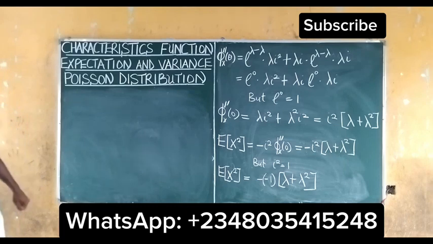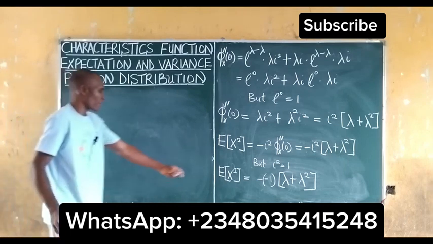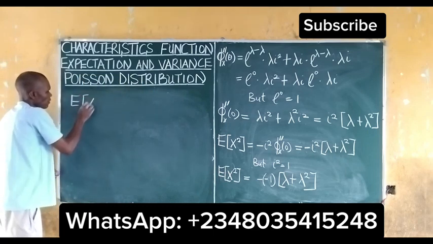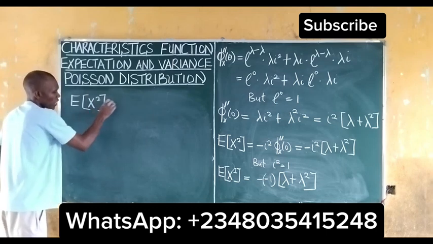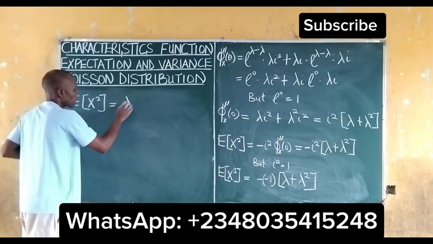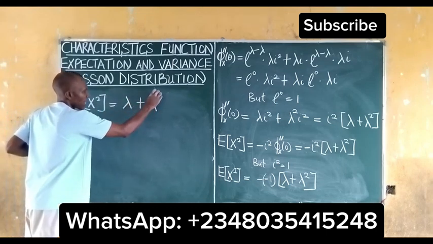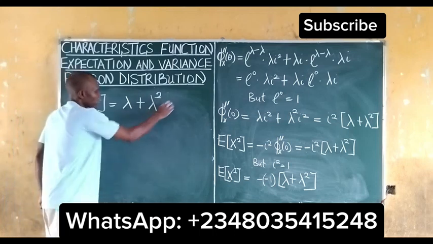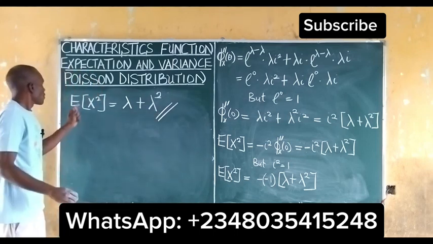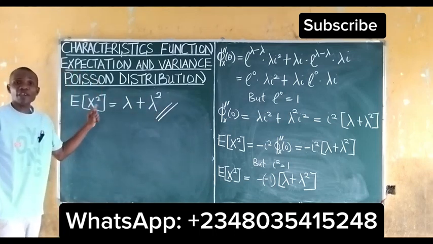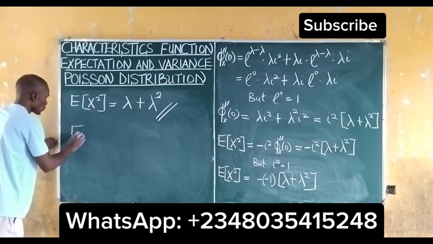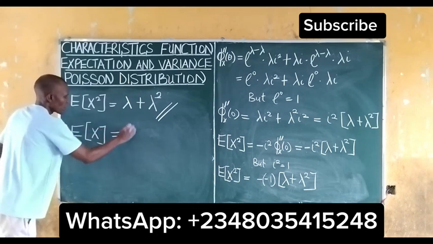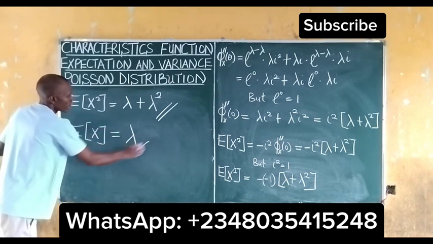So we are to write our expected value of x squared. So we have the expected value of x squared will now be equal to lambda plus lambda squared. So it then means that this is our value for the expected value of x squared. We should also note that we have the expected value of x to also be lambda.